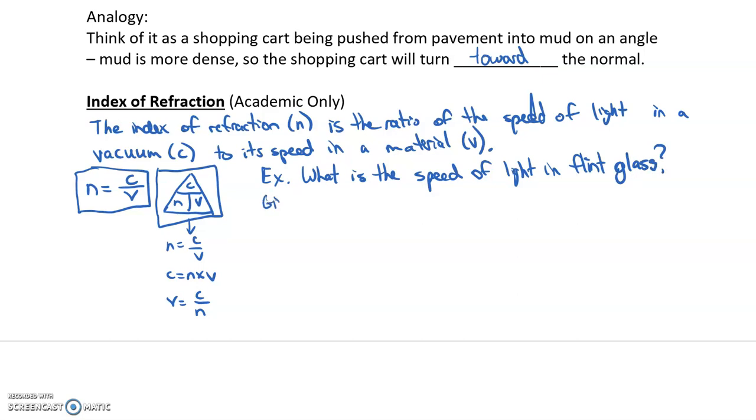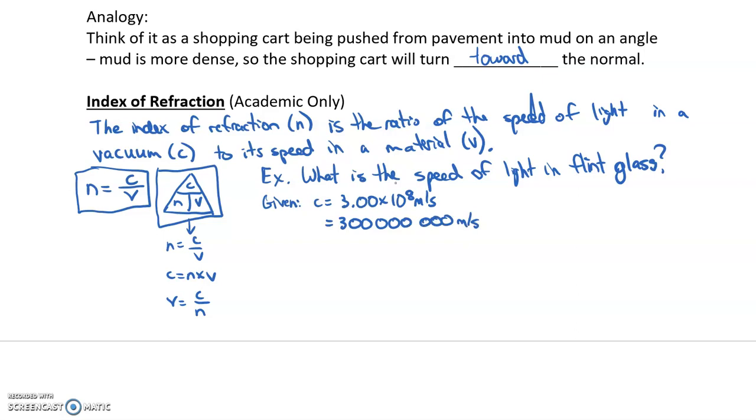And so the givens that I'll give you, we know that c is 3.00 times 10 to the 8 meters per second. That is the speed of light in a vacuum, and it is always the same. Well, remember, that's in scientific notation. That's the same thing as taking the decimal place and moving it 8 places to the right. So if we were to do that, we would get 300 million meters per second.